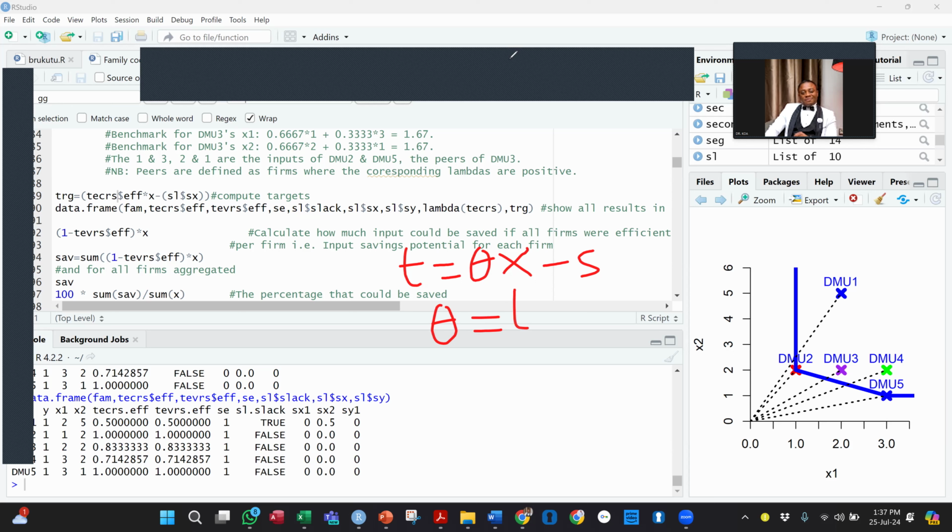Okay, it will be target over the actual. The target divided by the actual. If S is 0 and you want the target, you want theta. Okay, so that is theta.